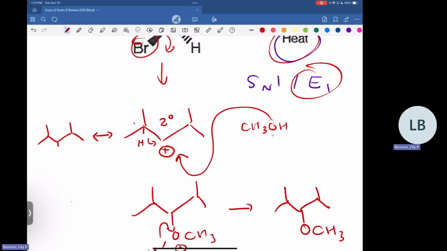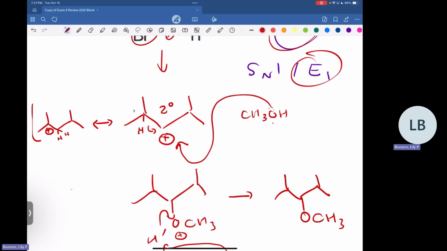And so this carbon is now going to be neutral, and the positive charge will be where the hydrogen shifted from. And so again, this is going to be a tertiary carbocation, which is more stable than secondary. So this can happen, and it will.